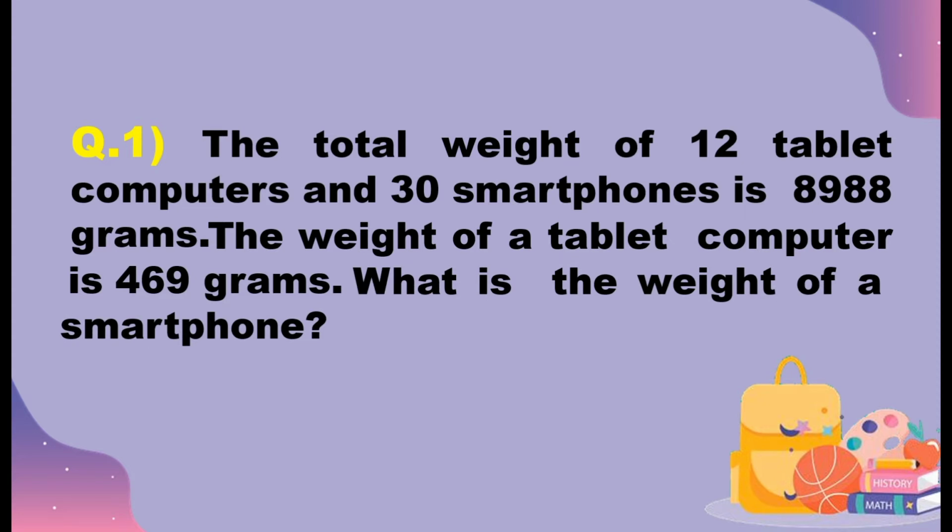What is the weight of a smartphone? Now you can see the question is talking about tablet computers and smartphones. The total weight of 12 tablet computers and 30 smartphones is 8,988 grams, given.